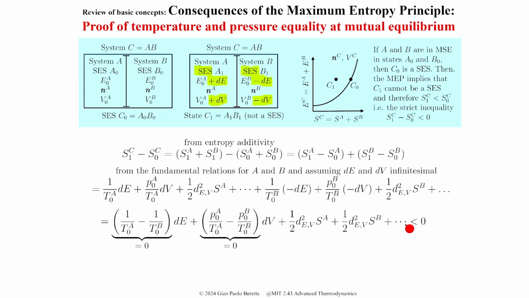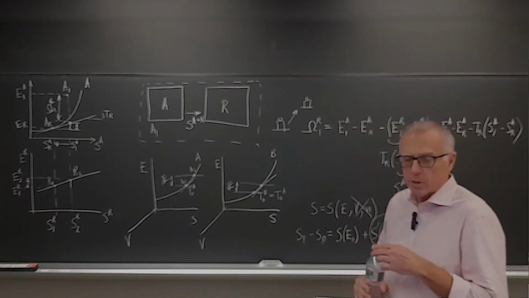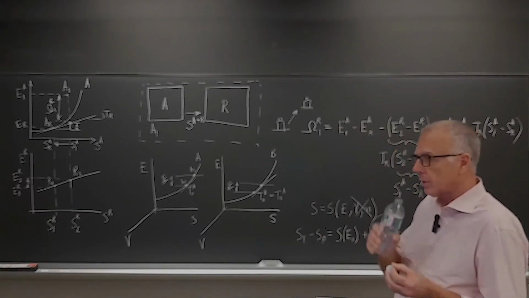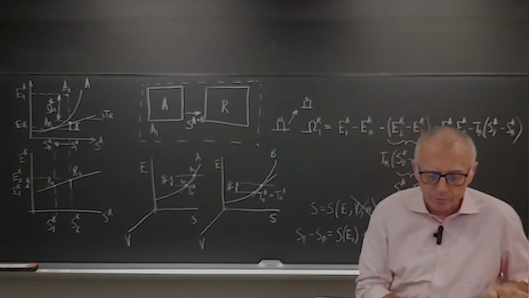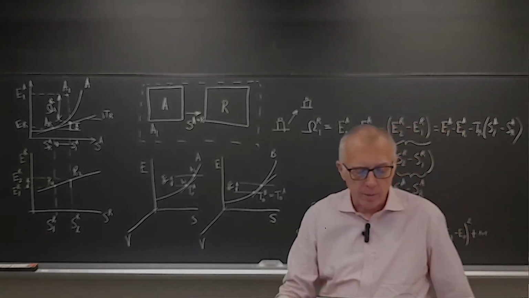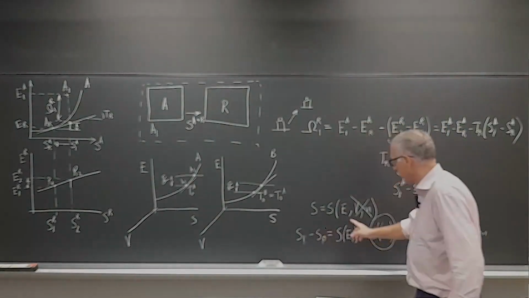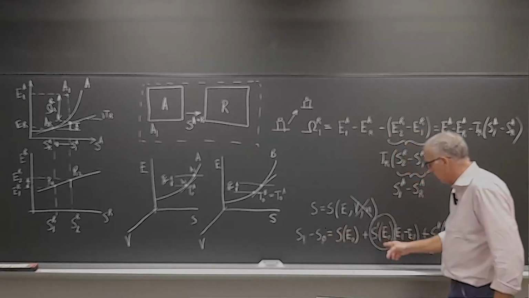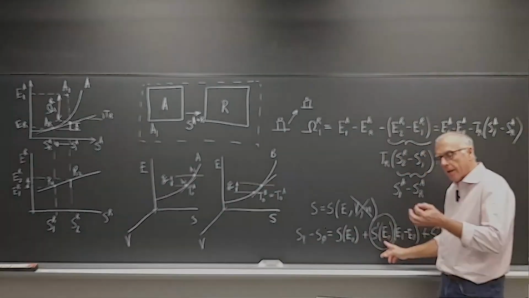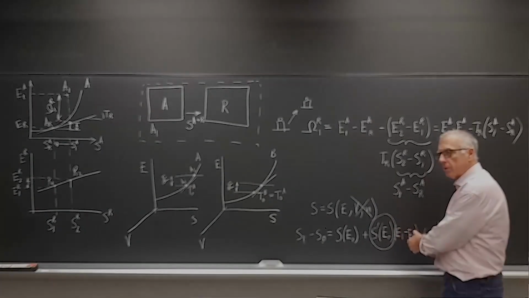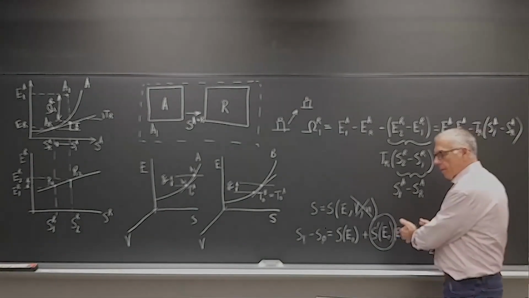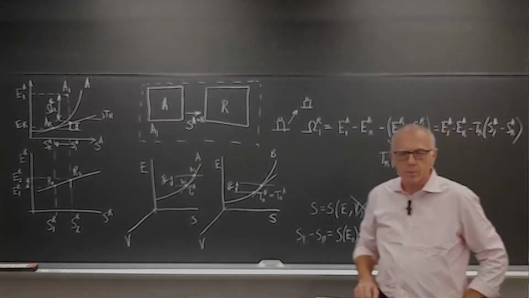Okay. So what can we infer? And this must be negative, strictly negative. Of course, notice and remember that when you do a series expansion, the terms here, like this one, are evaluated at the initial state, so they do not depend on how much you move around.